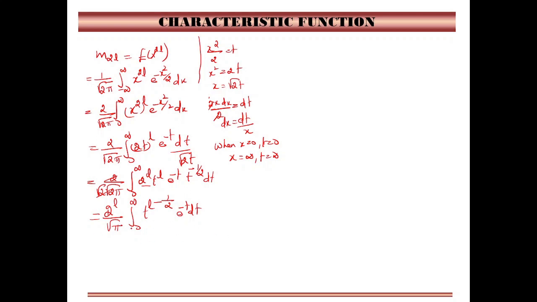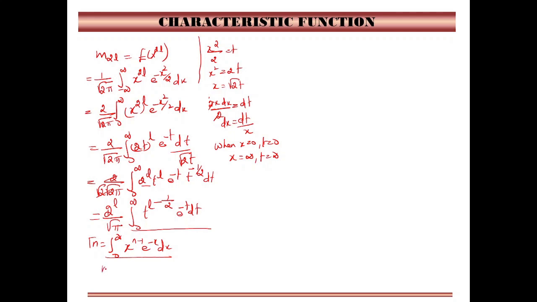And we know the gamma function. So that is gamma n is equal to integral 0 to infinity x to the power n minus 1 e to the power minus x dx. So we compare this function. Here the power of x is n minus 1, here the power of t is l minus 1 by 2.